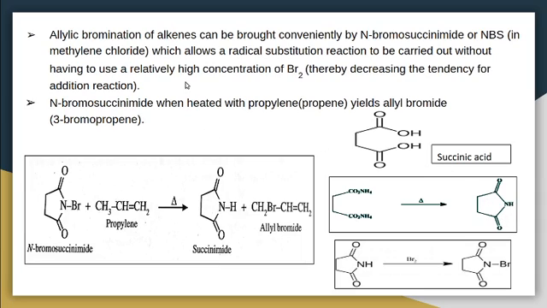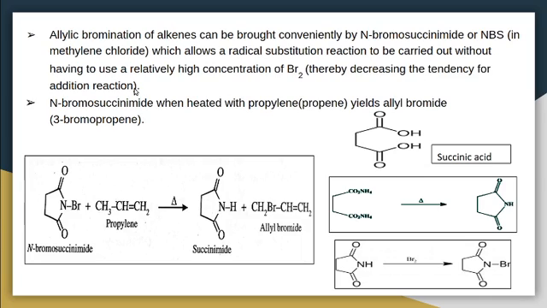Allylic bromination of alkenes can also be brought about conveniently by treating with N-bromosuccinimide, or NBS, in methylene chloride, which allows a radical substitution reaction to be carried out without having to use a relatively high concentration of bromine, thereby decreasing the tendency for addition reaction.